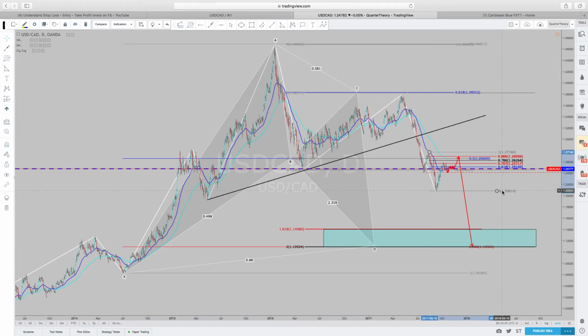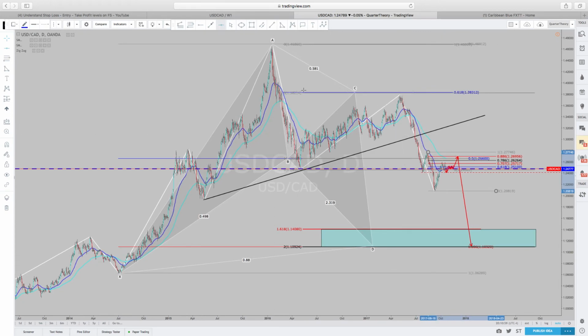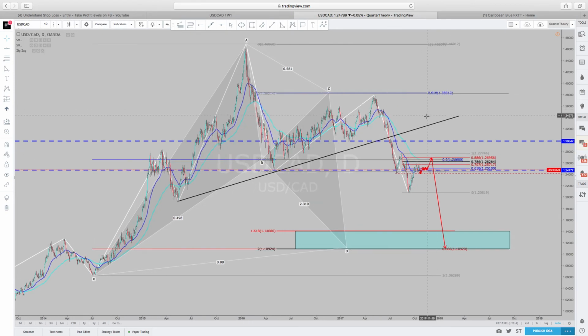But I'm going to try to catch this down move here. And price very much could come all the way back up to retest this level of resistance. We do have levels of resistance there that can be tested.